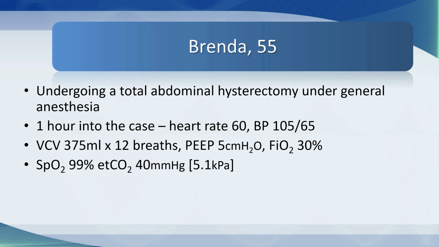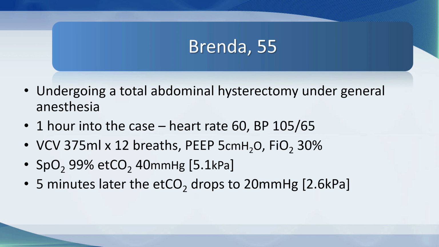Her saturation is 99, her end-tidal CO2 is 40 or 5.1 kPa, but 5 minutes later the CO2 drops to 20 millimeters of mercury or 2.6 kilopascals. Well, what's going on here?